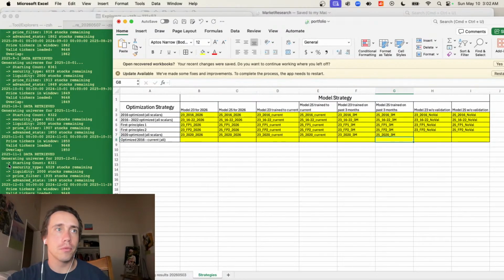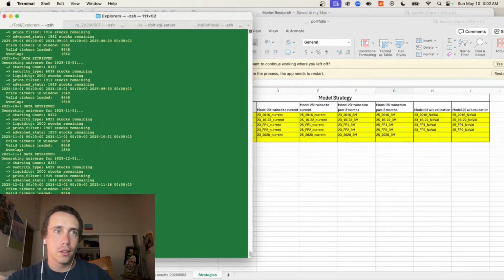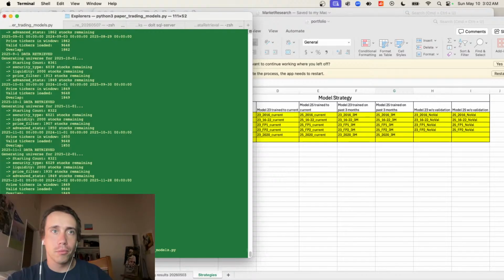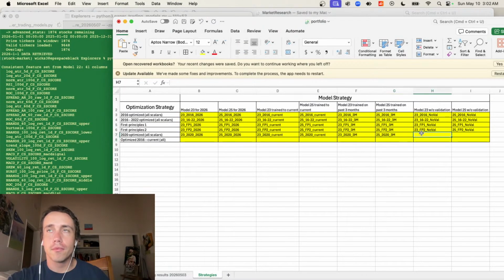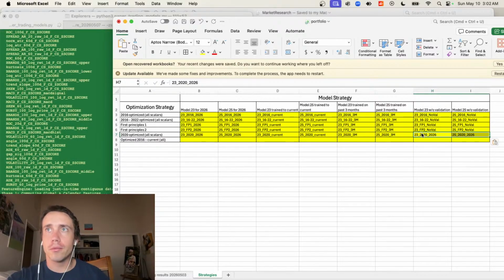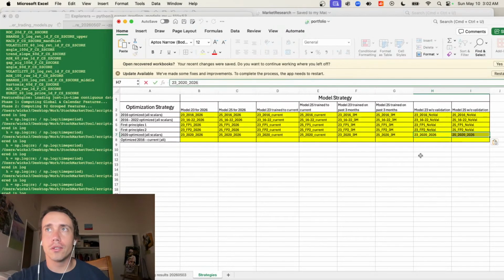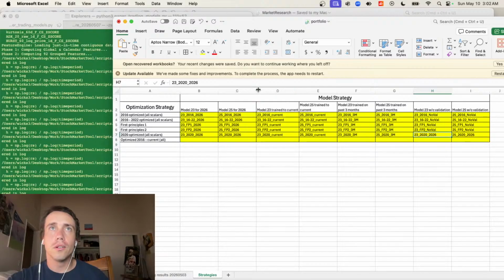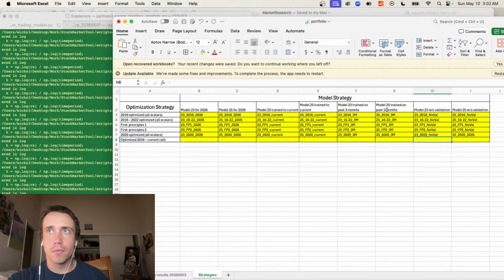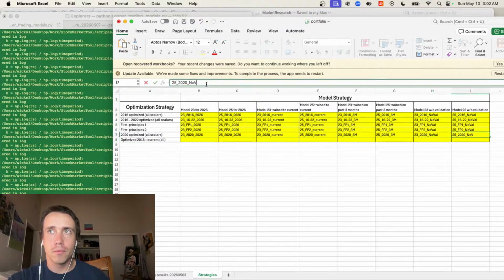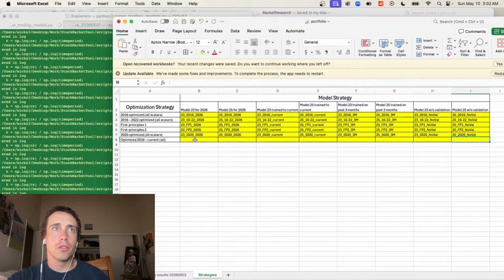Okay, Universe Explorer finished. Paper trading models. Okay, so let's put the same things here. Now here it will say no val. Okay, almost done.